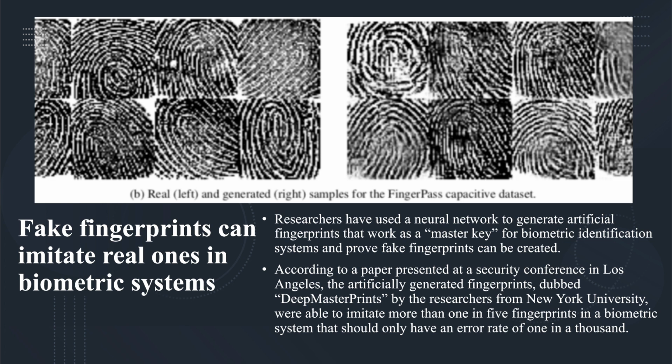The artificially generated fingerprints, dubbed DeepMasterPrints by the researchers from New York University, were able to imitate more than 1 in 5 fingerprints in a biometric system that has an error rate of only 1 in 1,000, making it perfect for fingerprint imitation.